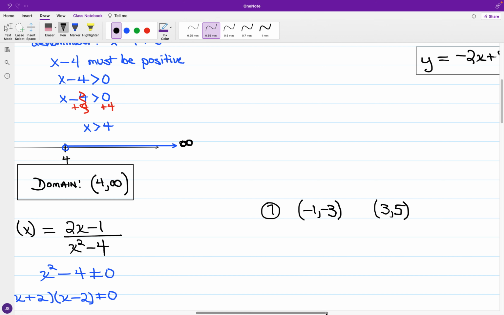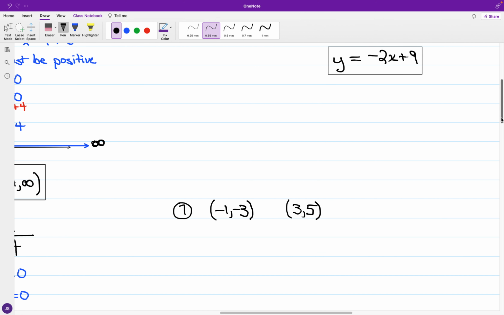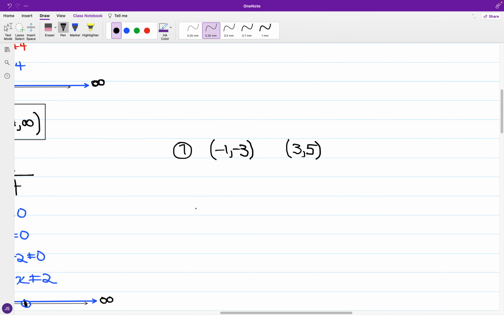Okay, so I have to find the slope of the line that runs through these ordered pairs. Again, we have the slope formula: y of 2 minus y of 1, all over x of 2 minus x of 1. Before we start working with the formula right away, we can identify what the first and second x and y values will be.